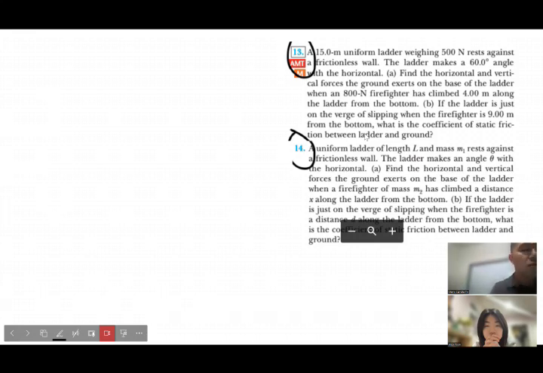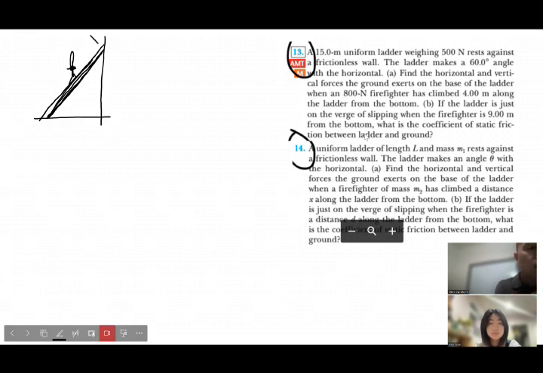So now if I draw the picture, then it should be like this. You have the wall and the ladder leaning against the wall, and there's a firefighter standing on the ladder.